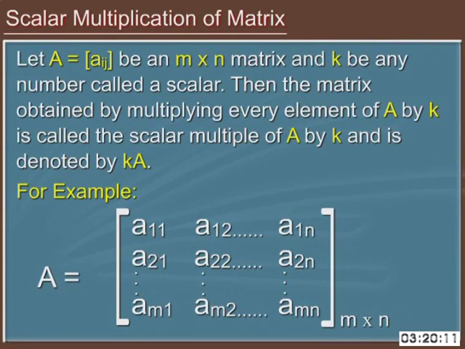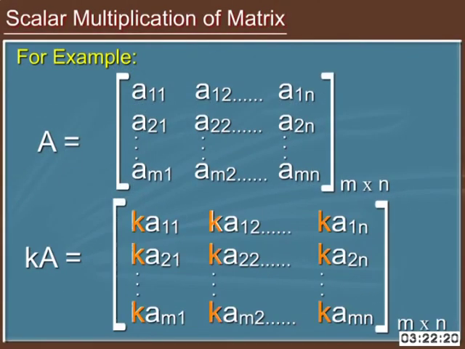Then when it is multiplied by a scalar k, it becomes matrix k into A, which is of the same order, that is, m by n order matrix with first row elements as k into a11, k into a12 up to k into a1n, second row elements as k into a21, k into a22 up to k into a2n and so on.